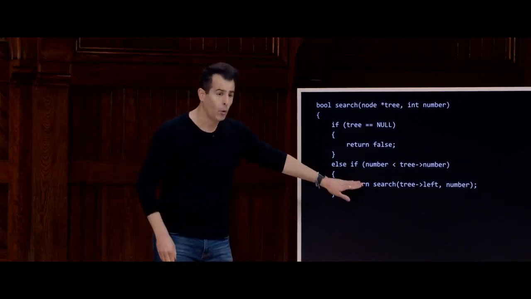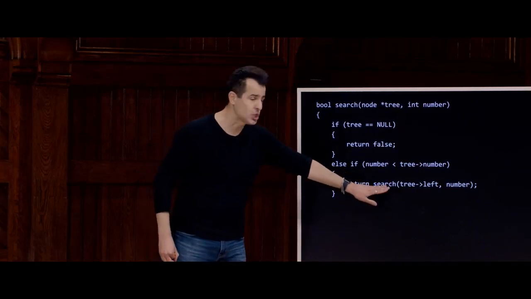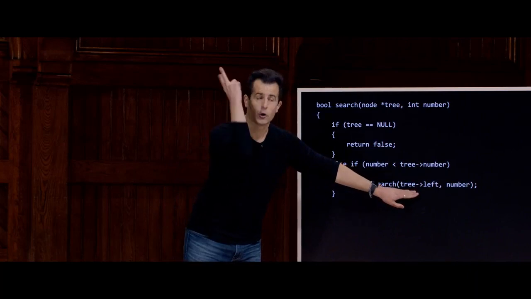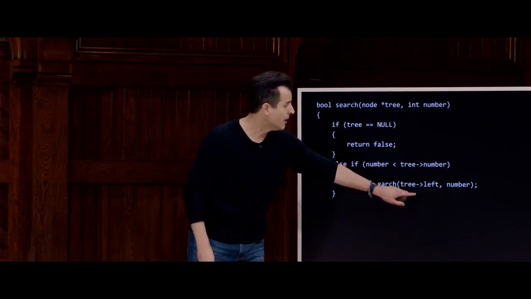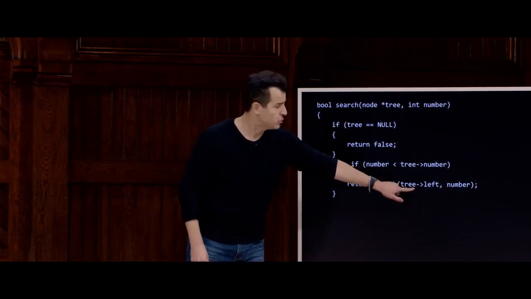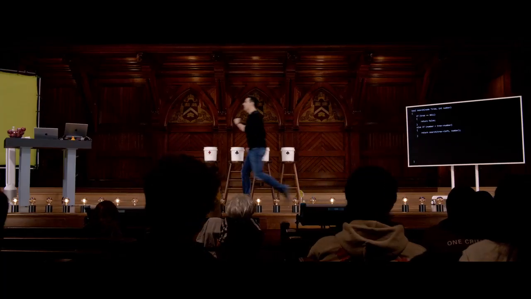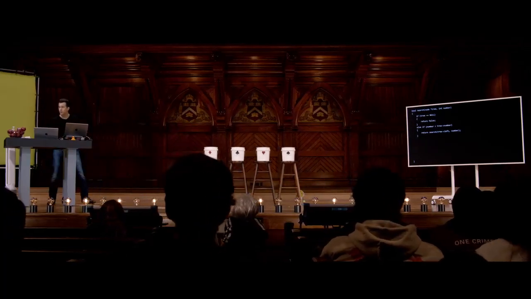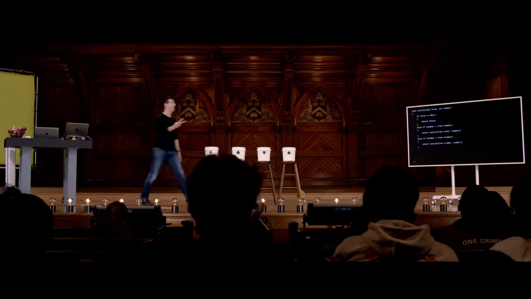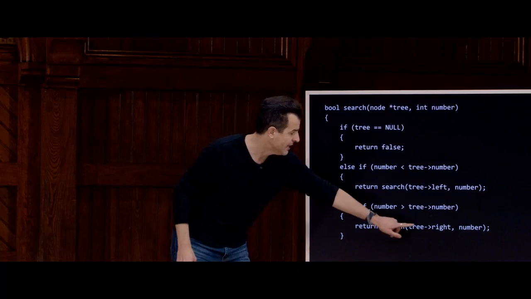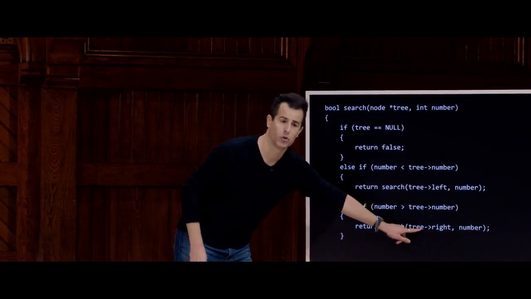Just return whatever the answer is to calling search again, but on a subtree, if you will. This is the sort of equivalent of snipping off half of the tree. Pass in the left subtree, if you will, with the same number. Else, if the number you're looking for isn't less than the current node's number, but greater than, snip off the other subtree instead and just return whatever search says it finds in the right subtree here.